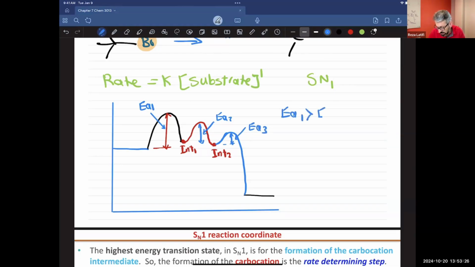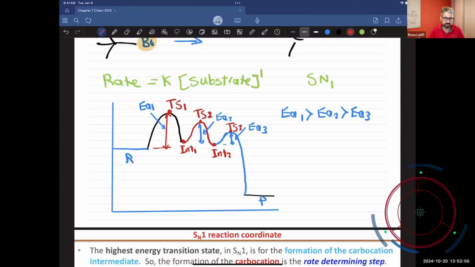EA1 is bigger than the second, bigger than the third one. So I call the first step the rate determining step because it's the biggest one. And here we have a reactant and we got a product. What should I call the top points? Transition state 1. This is going to be transition state 2. And this is transition state 3. So I have 3 transition states because I had 2 intermediates.